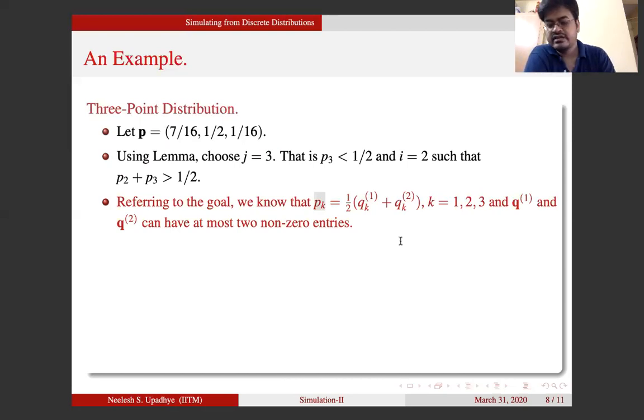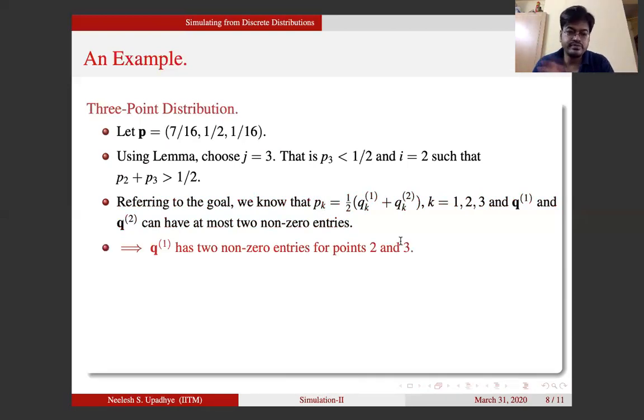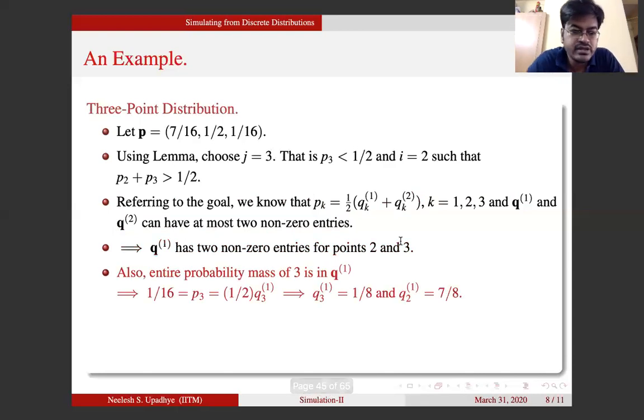If I do that, then the matter is very easy. That is, the entire probability mass of point 3 is in q1. So the corresponding probability mass is 1 by 16. So what I want is 1 by 16 is equal to half times q13. So you can evaluate what is q13.